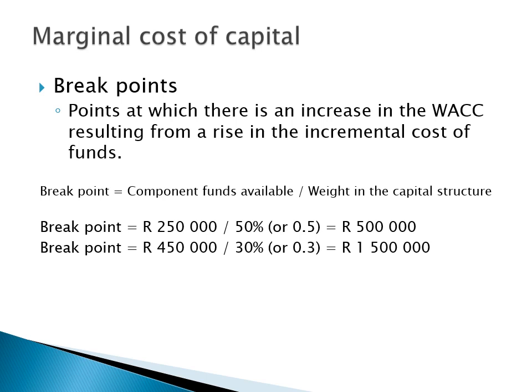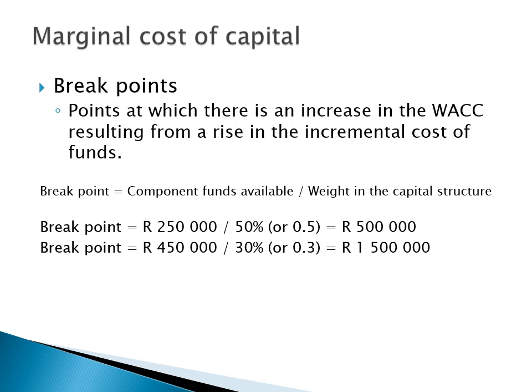So as soon as we reach 500,000 Rand of funding, our weighted average cost of capital is going to change, because equity or retained earnings is half of that, and that is determining where that breakpoint is.